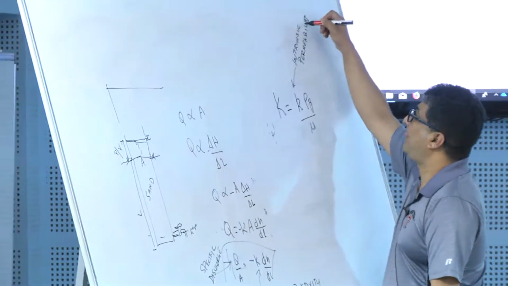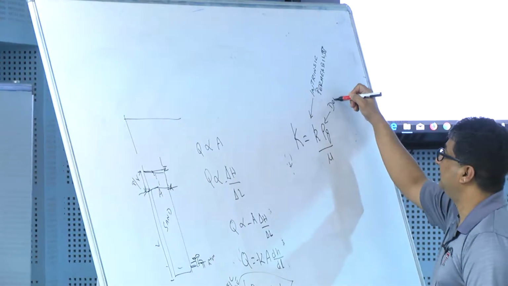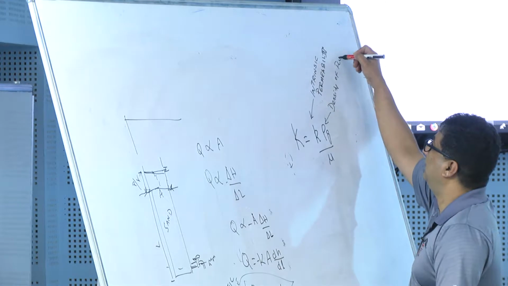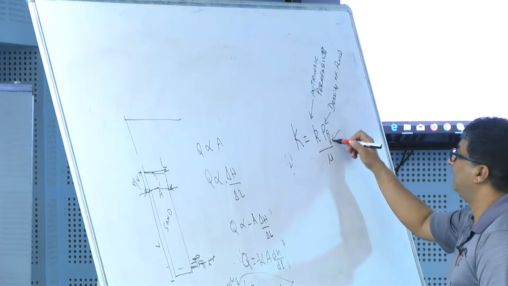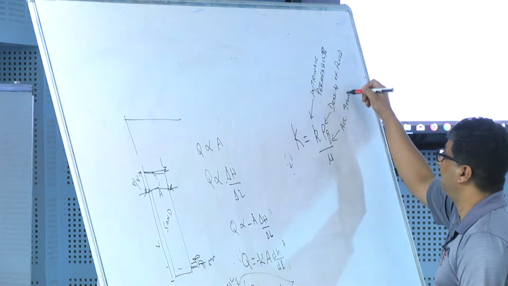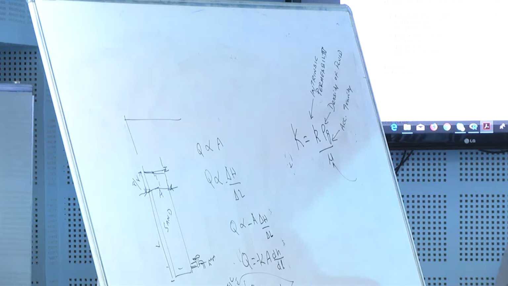Okay. And this is density. And what is mu? Dynamic viscosity. Okay.